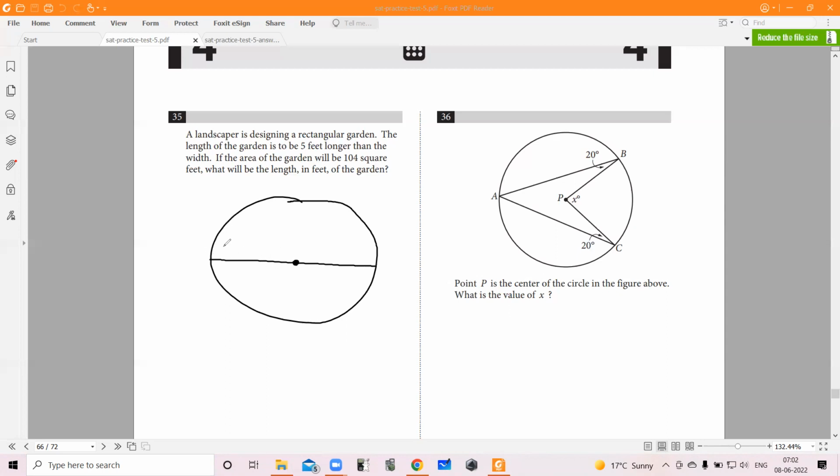Now, if you take any two sides, like for example this and this, it'll still make an angle of 90 degrees. This and this, they'll still be 90 degrees. Any angle you make, but if one of the sides is a diameter, then this triangle will always be a right angle triangle.